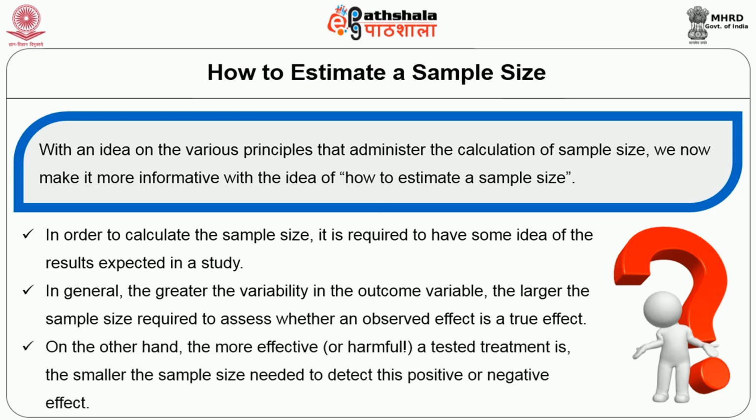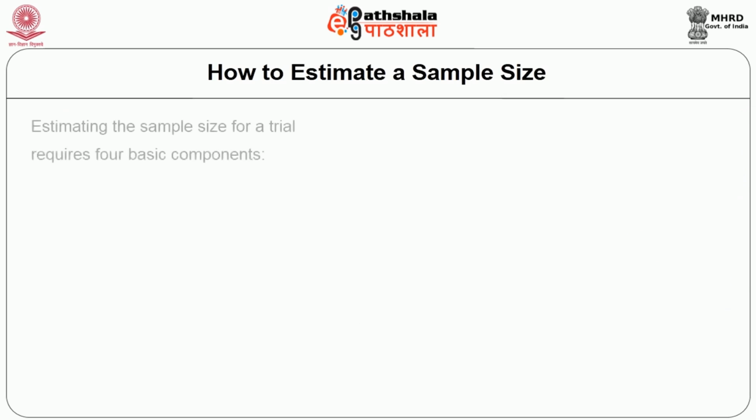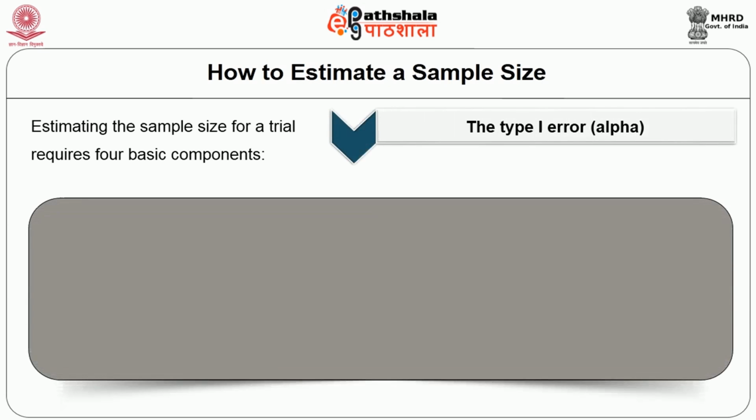On the other hand, the more effective a tested treatment is, the smaller the sample size needed to detect this positive or negative effect. Estimating the sample size for a trial requires 4 basic components. The first one, the type 1 error, that is alpha.